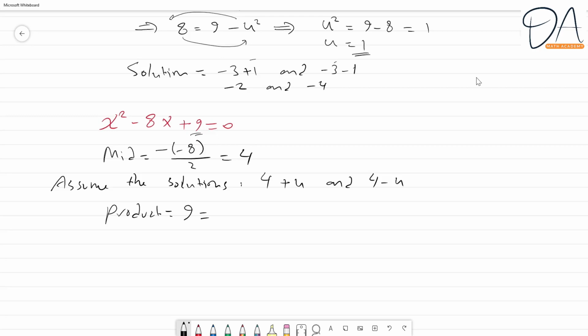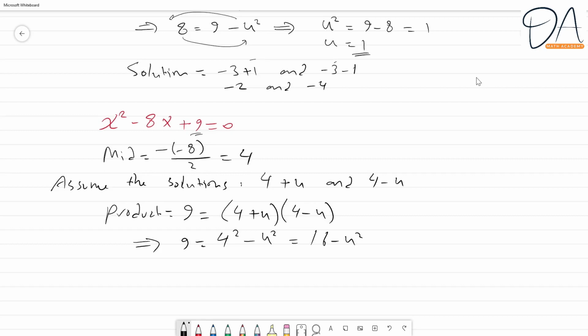And the other way to calculate the product is based on our assumption. So it will be 4 plus u times 4 minus u. And this simply will lead to 9. Again, this will be 4 squared minus u squared, or 16 minus u squared.